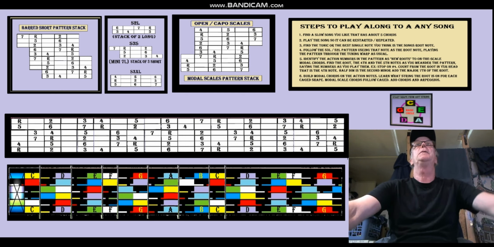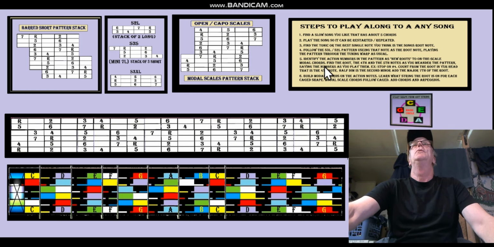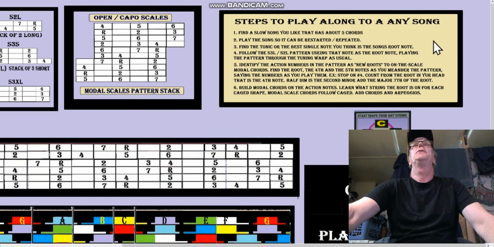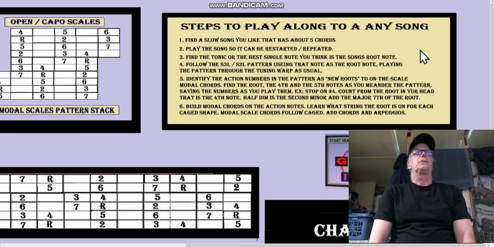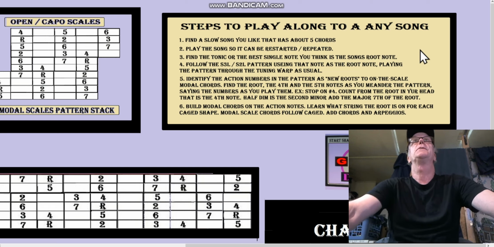What we were talking about before was the steps to play along to any song. It dawned on me this morning, did I explain this right? How could I have done it differently? Was it all that important to spend as much time as I did on certain subjects?